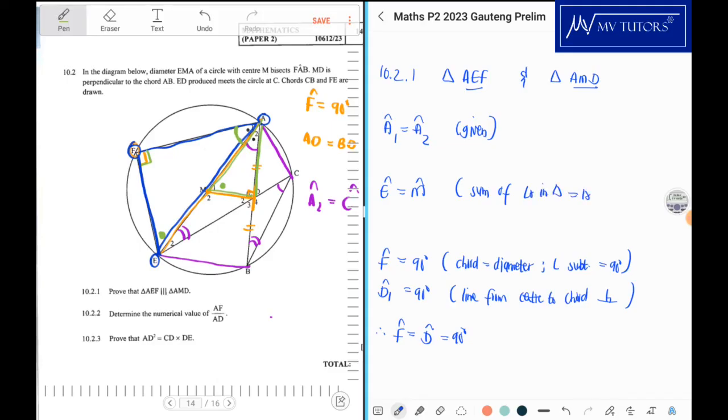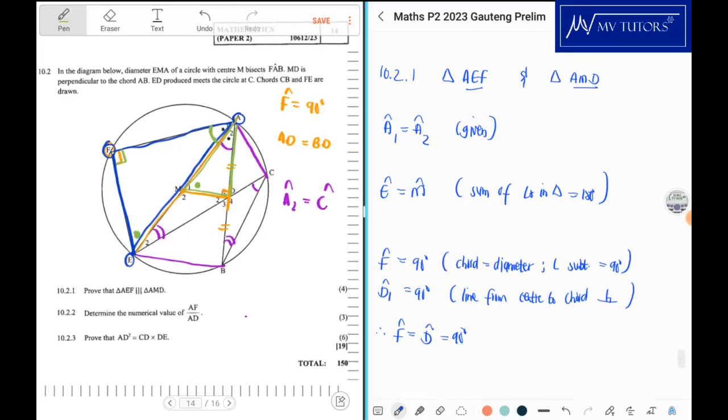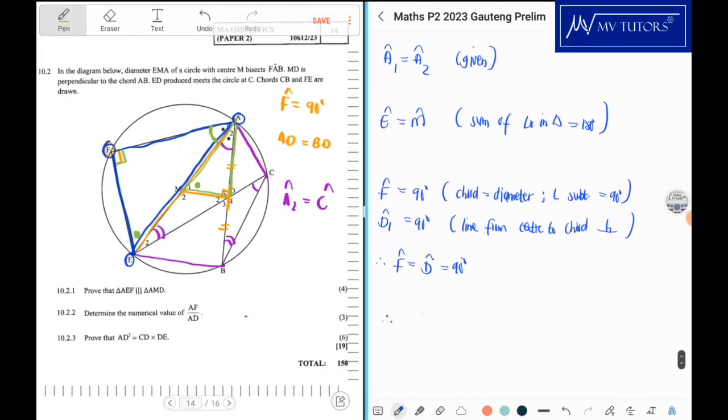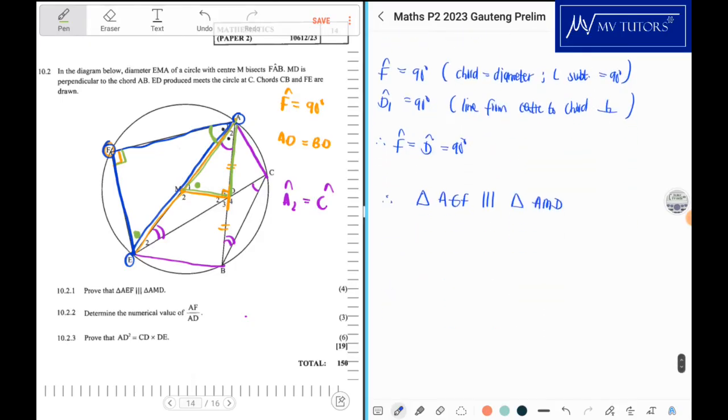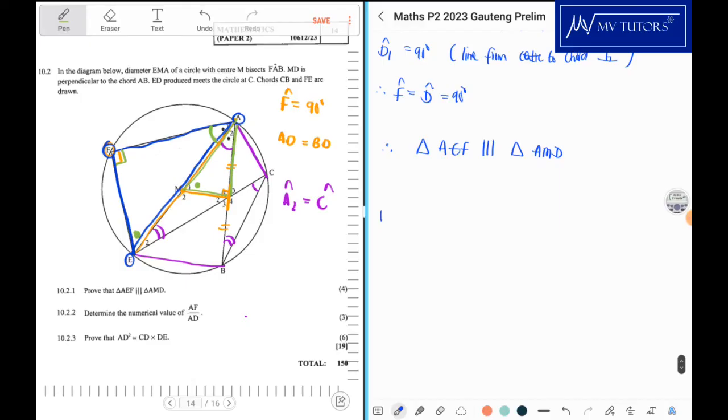So therefore we can conclude, how many marks is this? 4 marks. So therefore we can conclude that triangle AEF is similar to triangle AMD. Now we can move on to the next question.